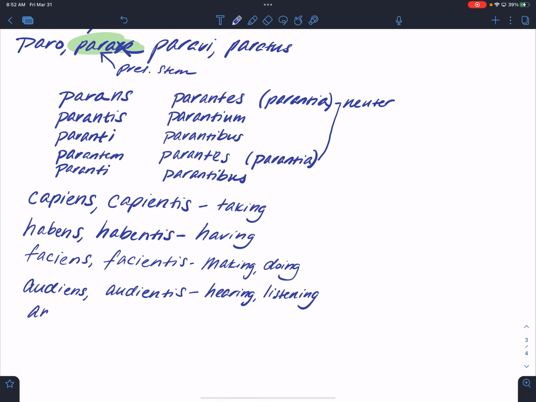Sorry, one more. Amans, amantis, coming from amo, amare, amavi, amatus. The first verb anyone ever learns in Latin. To love or to like. So, loving or liking.